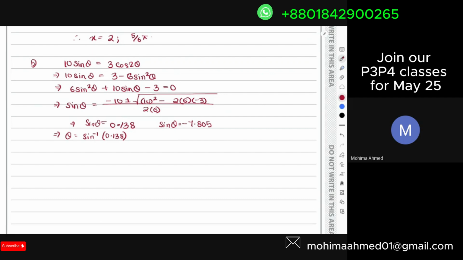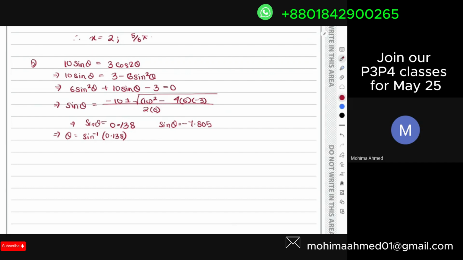Minus 10 plus or minus the root of 10 squared plus 4 into 6 into 3, divided by 12. So I made a mistake. This was supposed to be 4, right? In your equation, I wrote 2 in that place.